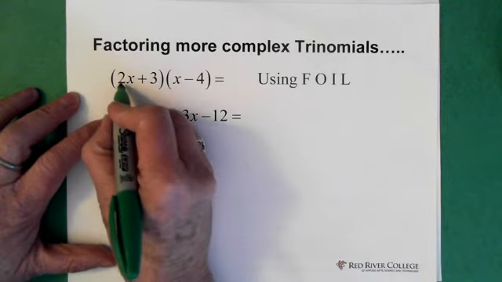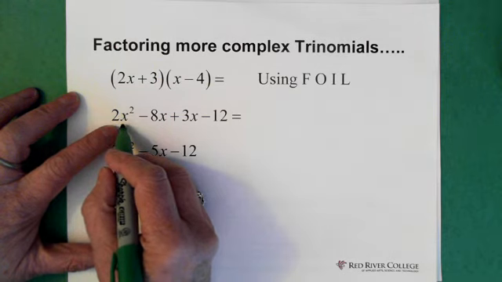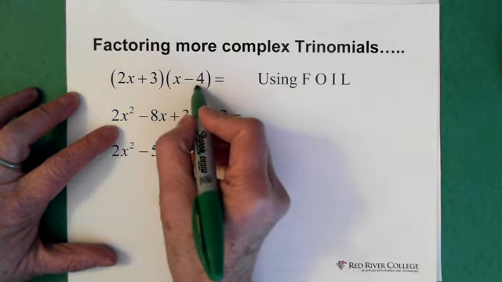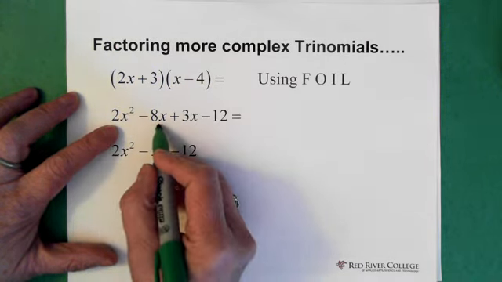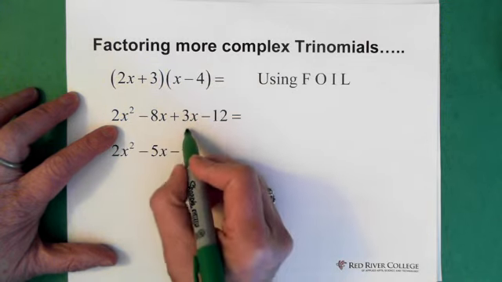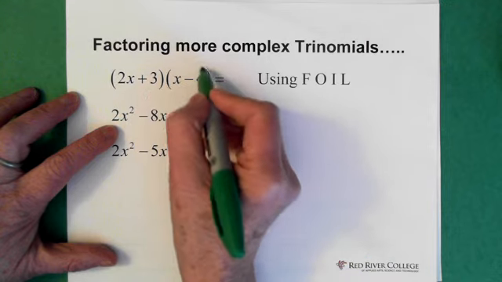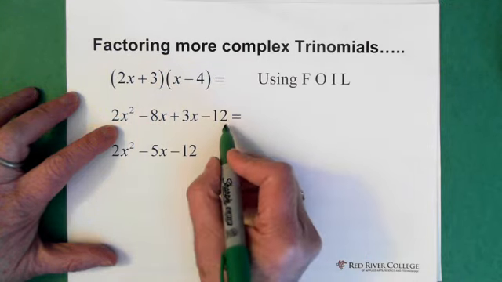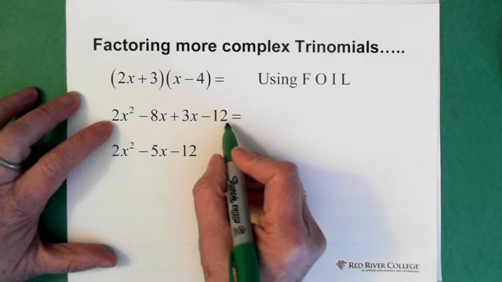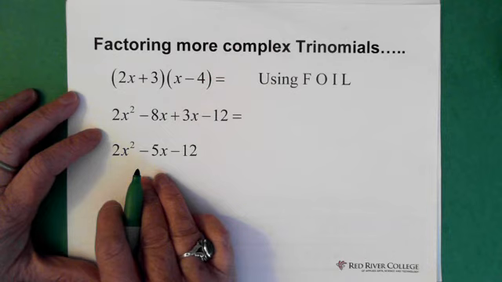So we know when we multiply these through, the 2x times the x gives us a 2x squared. The 2x times the minus 4 gives us the minus 8x. Then the inner, the 3 times the x gives us plus 3x. And the last, the 3 times the minus 4 gives us the minus 12. And when we add it all up, we end up with this.